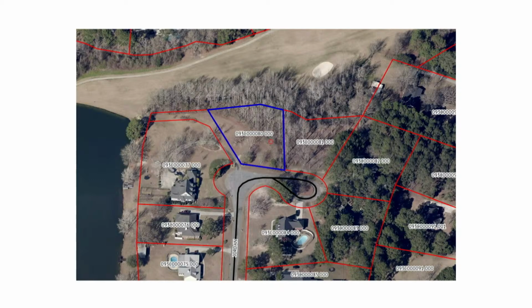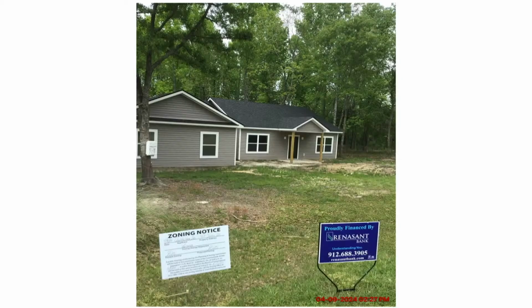The other homes in the subdivision meet or exceed a 40-foot yard setback. It's not necessarily out of line with the other homes just because it's on a corner lot, but this is the single-family home that's in waiting.